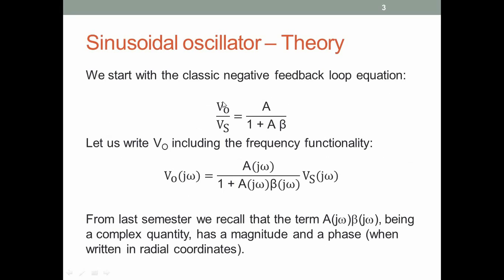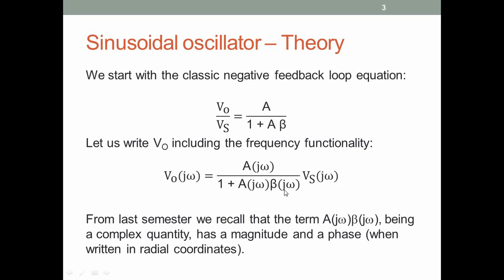You remember the classic negative feedback loop equation, VO over Vs is equal to A over 1 plus A beta. Now let us write VO and actually all the terms explicitly, showing the frequency dependence, because all of them are potentially frequency dependent. So you say VO(jω) is equal to A(jω) by 1 plus A(jω)β(jω) into Vs(jω).